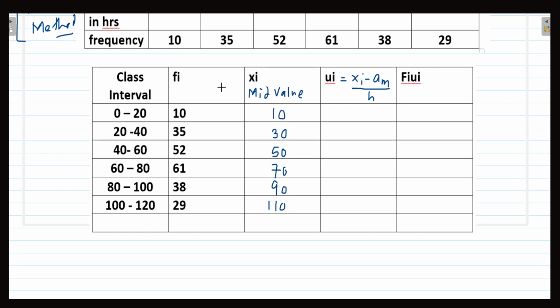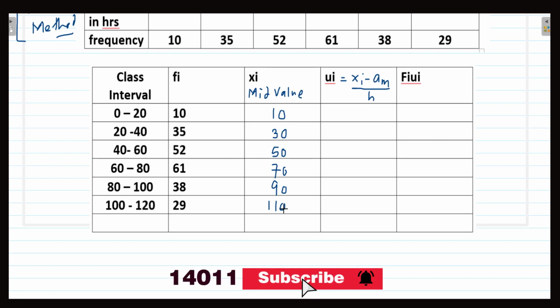After finding the mid value, you have to find the assumed mean. Means you have to assume the mean. That you have to assume here only once you have got the mid value. To assume the mean, you have to take the middle number of all these numbers. But these numbers are even, 1, 2, 3, 4, 5 and 6.